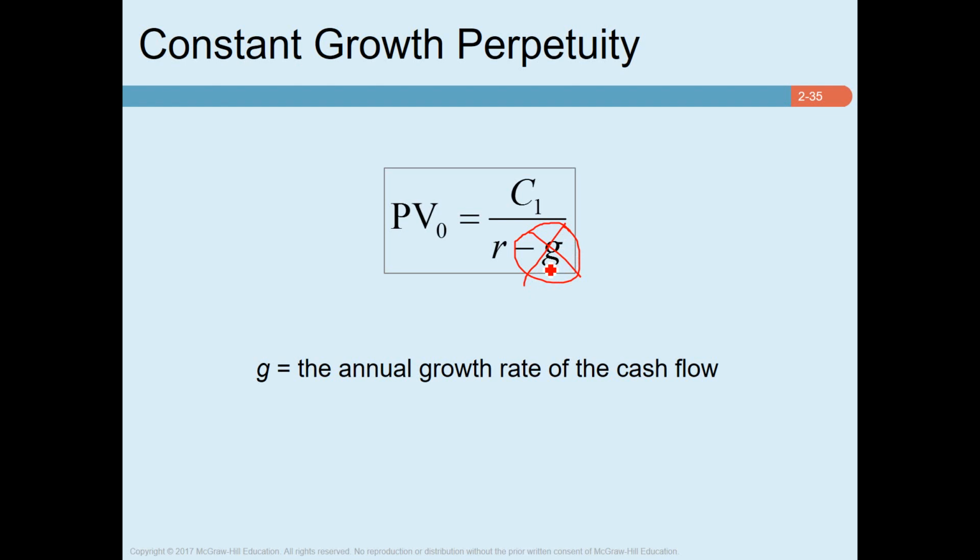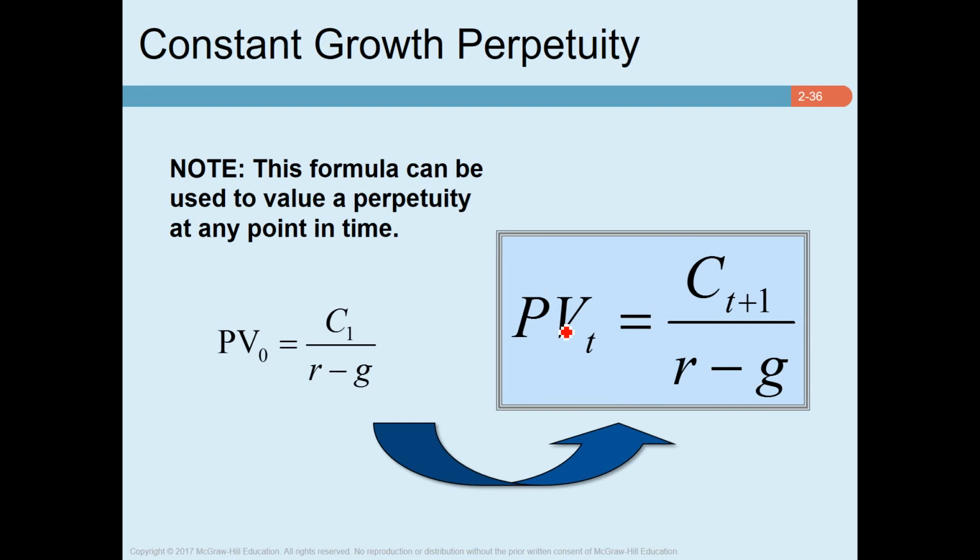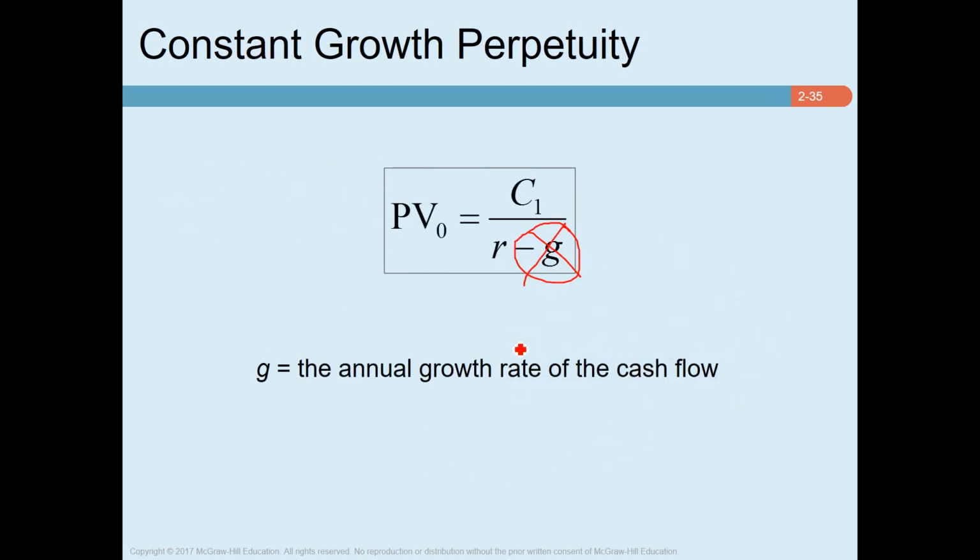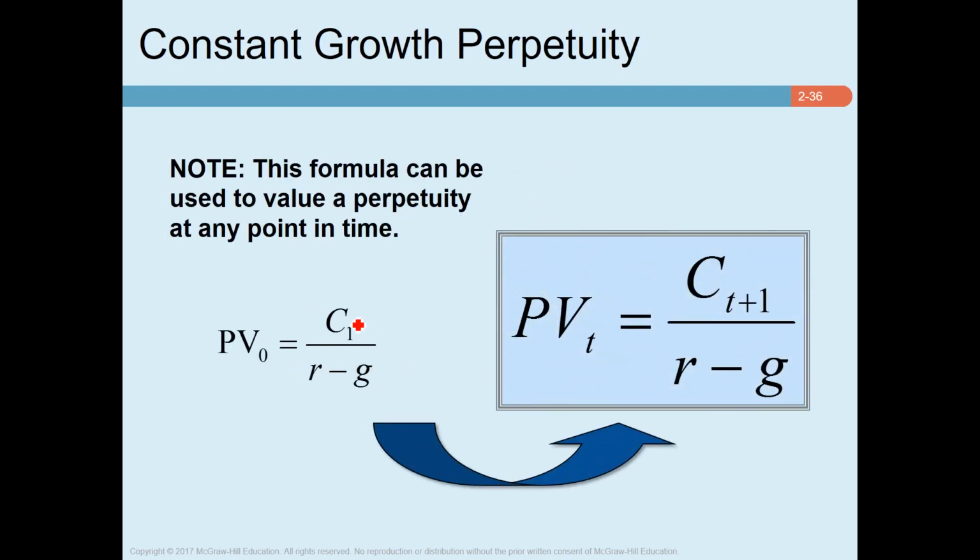Now, if we have a growth rate, then we have this term, R minus G, to calculate the present value. So this is the cash flow coming at year one, divided by R minus G. This is the rate of return or the cost of capital minus the growth rate.